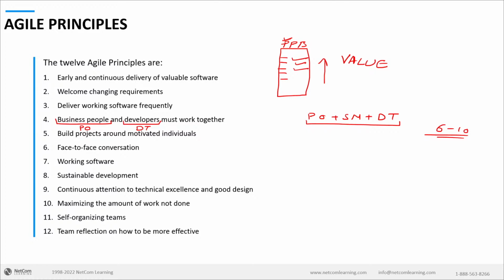Maximizing the amount of work not done. Identify things which are not important or which are not going to add any value. Anything which is a non-value add is a wastage of resources.